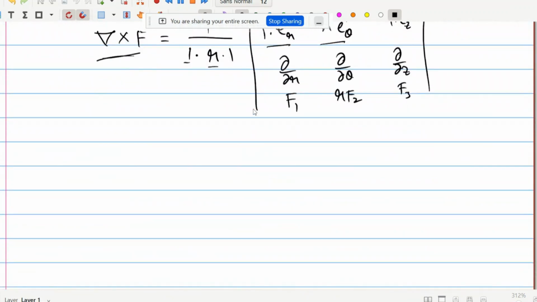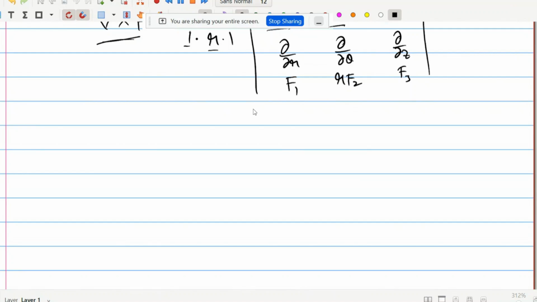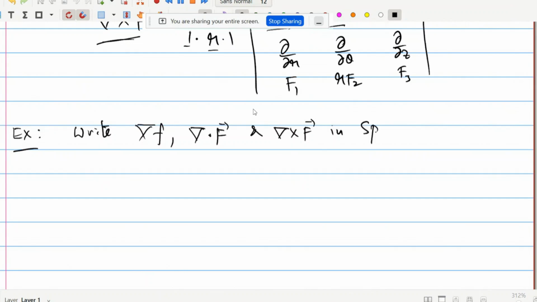Okay, sir. So mostly we use only polar coordinates. Okay. So this is cylindrical coordinates. Similarly, the spherical coordinate system. Whatever you have done, take it as an exercise. Write the gradient of f, that is del f, in the spherical coordinate system.